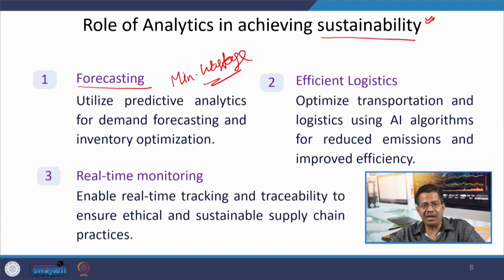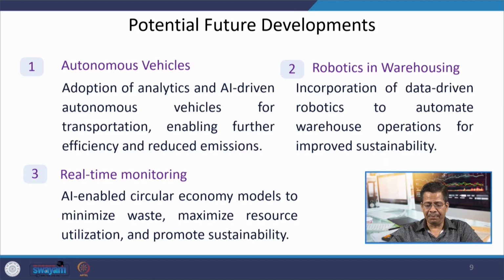In absence of data, when there is no data available to you, it is difficult to have proper forecast, efficient logistics, real time monitoring, etc. And therefore, it is highly recommended that on one side operations activity should help us in achieving sustainability, but for using those data driven decision making, analytics is also going to play an important part.